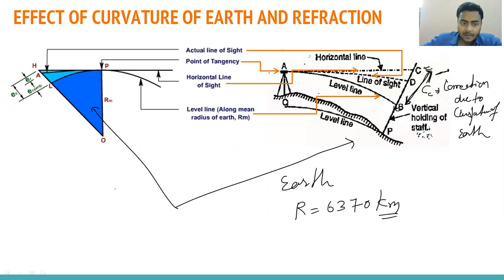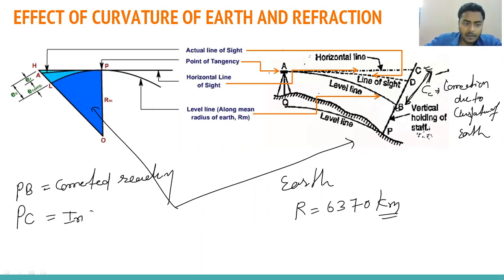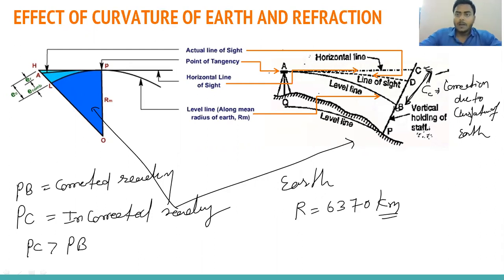So now you can see PB will be the corrected reading, and PC is the incorrect reading. In this case, you can see by the figure that PC is greater than PB, meaning the staff reading we are getting is higher compared to the corrected one.